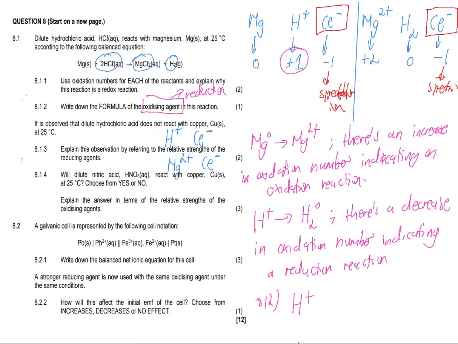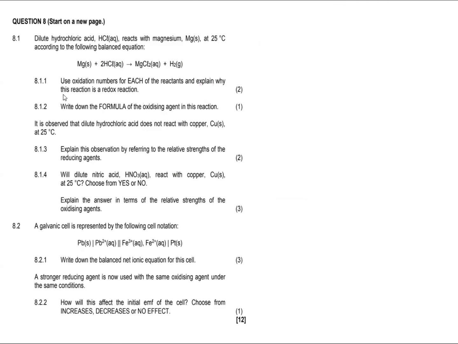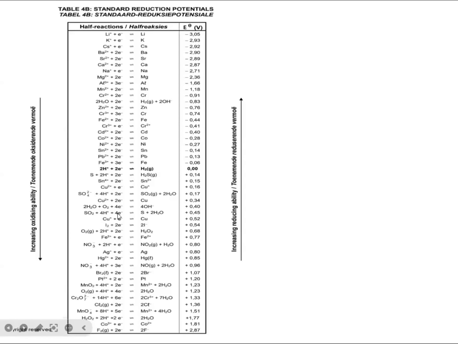Okay, so let's now see. So 3 marks already. It is observed that dilute hydrochloric acid does not react with copper at 25 degrees Celsius. Explain this observation by referring to the relative strengths of the reducing agents. Okay, so let's see this.